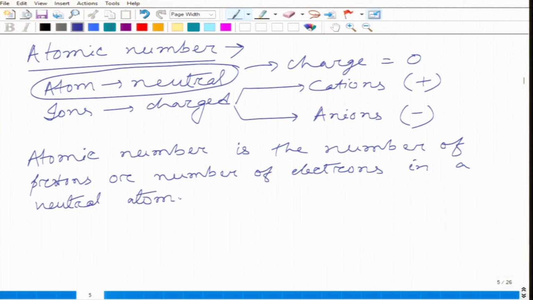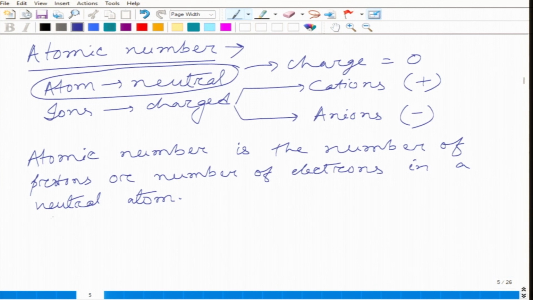By textbook, atomic number is defined as the number of protons, because the number of electrons may vary according to the charges of the ions, because electrons are transferable. Atoms can release electrons, they can accept electrons, so the number of electrons is variable, but the number of protons generally remains constant. So atomic number is defined as the number of protons.